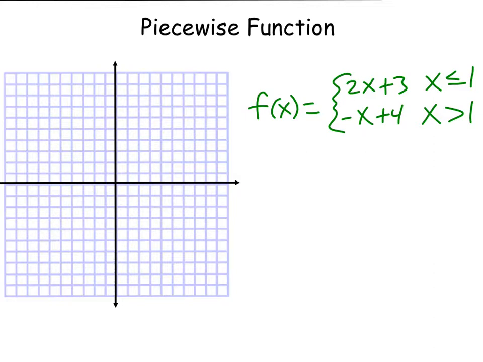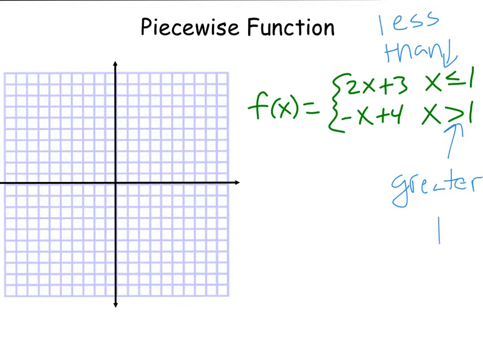The first one says if x is less than, it's probably worth making sure we're clear on that, less than or equal to 1, use that 1 on the top. But as soon as we start talking about x values that are greater than 1, we have to switch, and now we're going to use this other line.